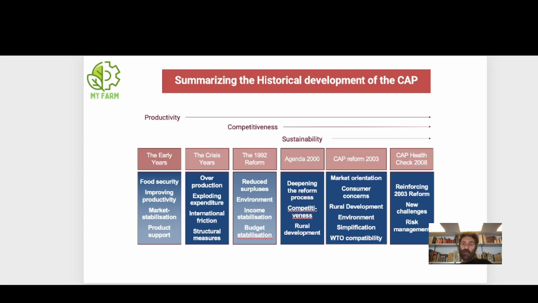And this pattern was reinforced in the Health Check in 2008, where the new challenges, especially climate change challenges, were incorporated in the common agricultural policy. For the first time, the CAP started to talk about risk management.